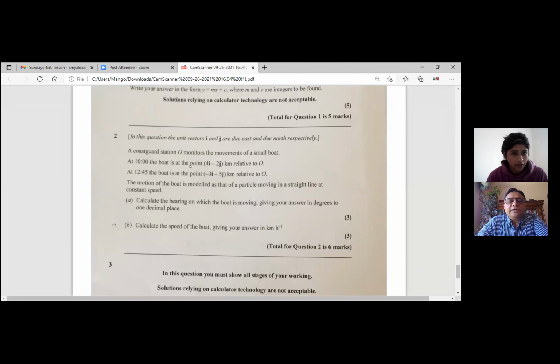Can you read the question? A Coast Guard station monitors the movement of a small boat.